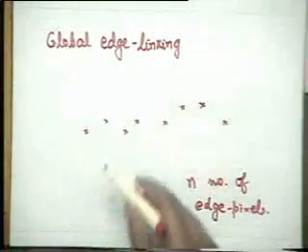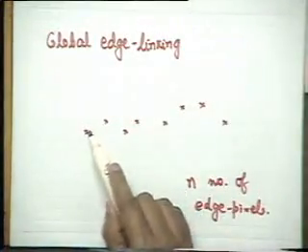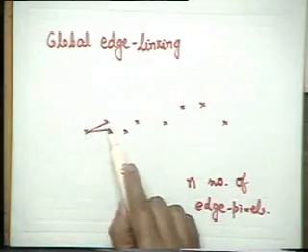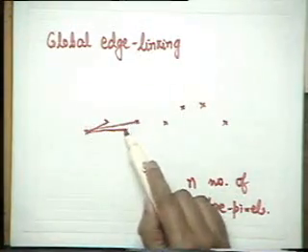This problem can be tackled like this: we consider any particular point, and we try to form pairs of this point with all the other points.